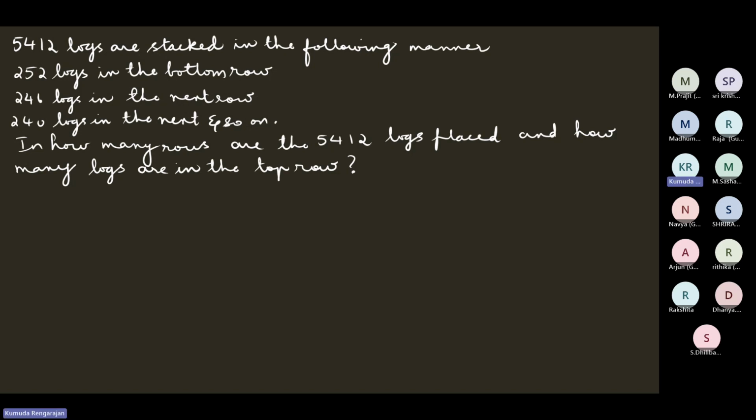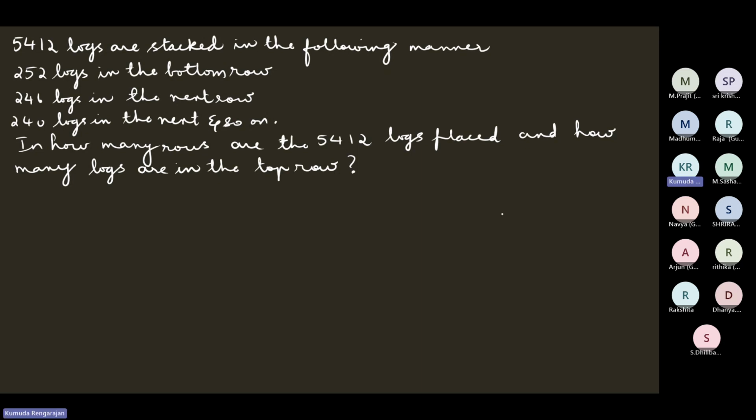Then we dust our hands and okay, task over. Done and dusted. So this is the task. The question is, in how many rows are the 5,412 logs placed, and how many logs are in the top row?